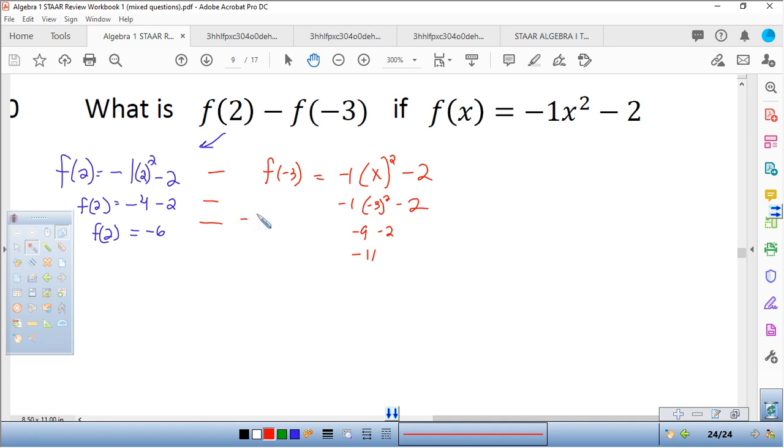So negative 11. Okay, so basically you have a negative 6 from f of 2 minus this, this minus right here. This minus straight down, which is down. Over here, a negative, negative 3 gives a negative 11. So it becomes a negative 6 plus 11, which gives me 5.